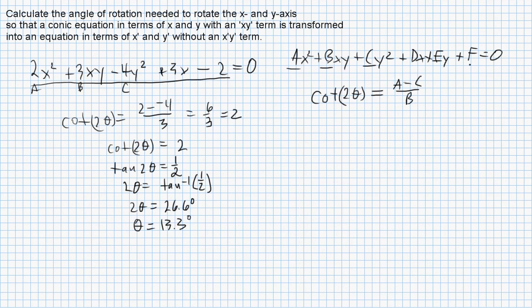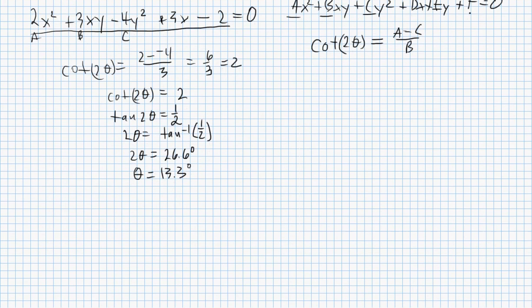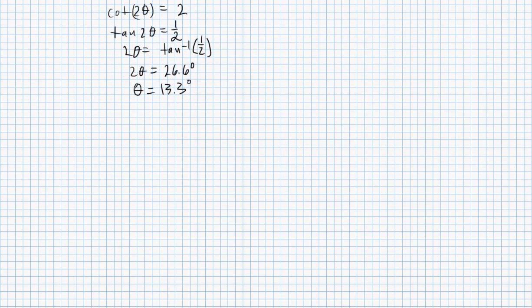Now let's go ahead and try another one. Let's say we've got this equation here, 2x squared plus 4xy minus 5y squared plus 2y is equal to negative 7. Well, we're still going to go ahead and use our rotation formula.